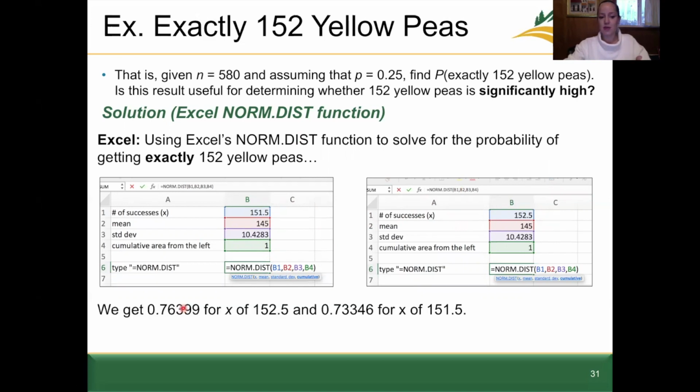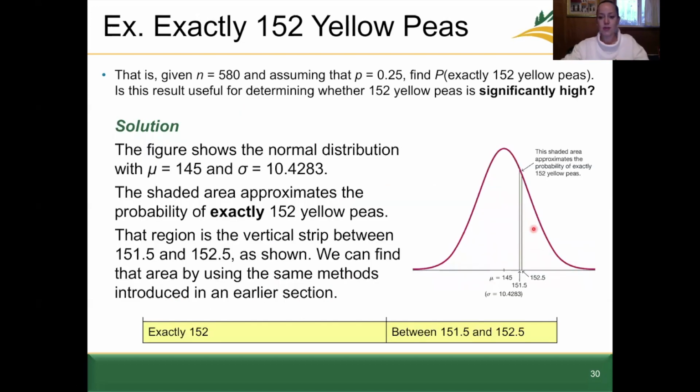When we click enter, we get 0.76399 for an X value of 152.5. When we click enter for an X value of 151.5, we should get 0.73346. Now, because Excel gives us the area to the left when we do these normal distribution functions, then to truly solve for this shaded region in our figure, we want to take this cumulative area from the left minus this cumulative area from the left.